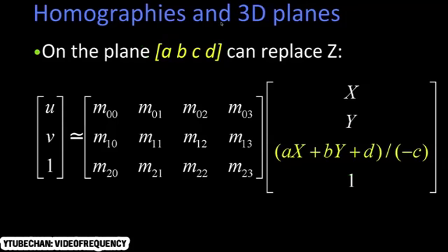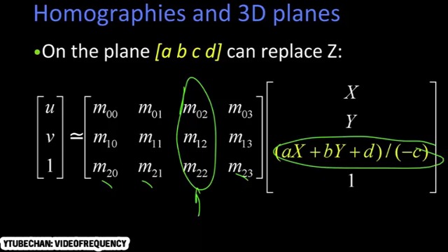But wait, if I have only X, Y, and a constant in this term for Z, I can put all the influence of this column, 0,2, 1,2, and 2,2 of M, I can put that in these other coefficients. I don't actually need this column since that's just multiplying the terms that have the x, y's and the constants in them.